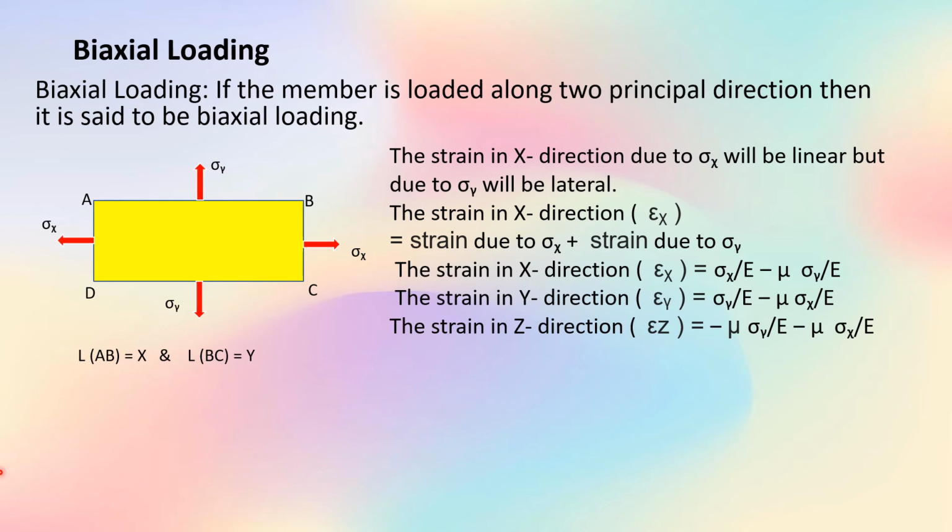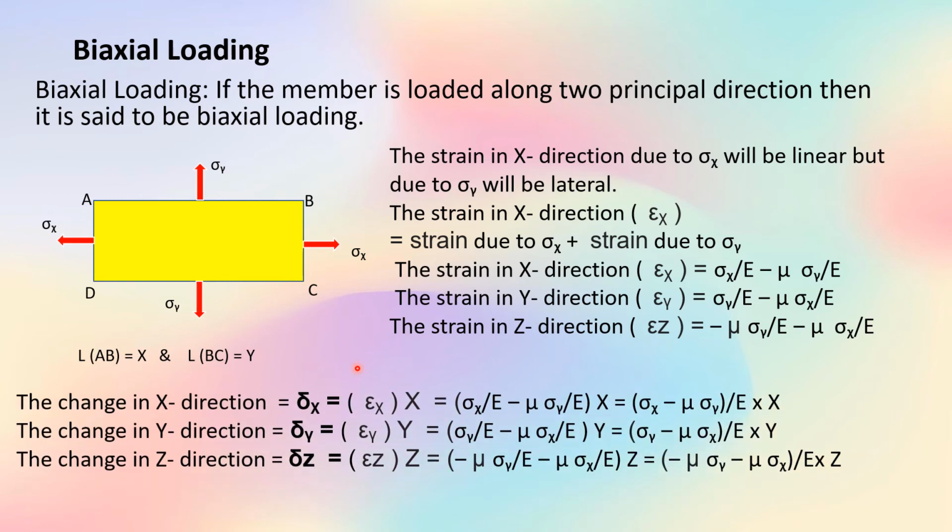Now if I want the change in length, delta x, delta y and delta z, how do we calculate it? Let us see that. Change in x direction, delta x, will be strain in x direction into original length x, because delta x upon x is epsilon x.